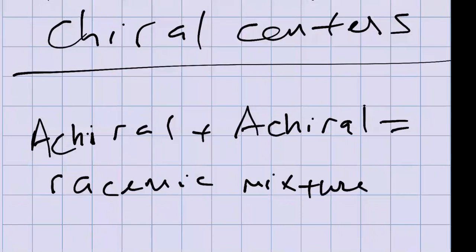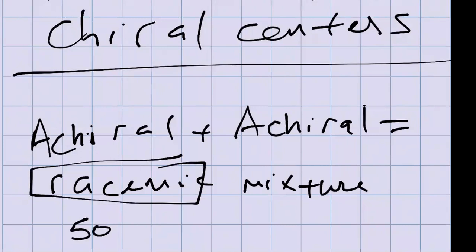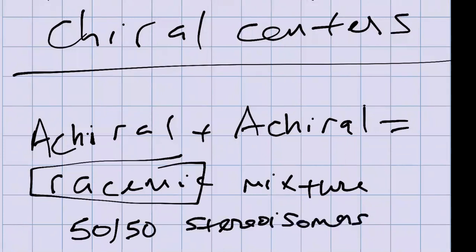Right, so you get a racemic mixture. Racemic is a term used for 50-50. So you get half of one stereoisomer, half of the other, with no bias and neither one of the stereoisomers being favored.